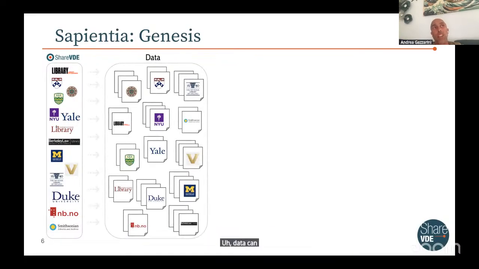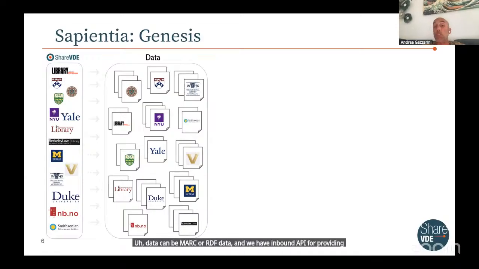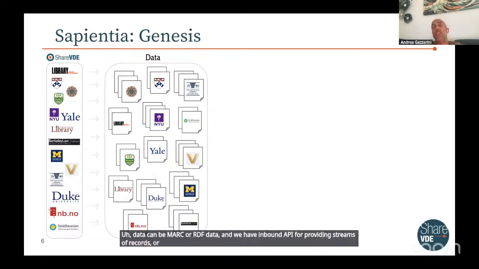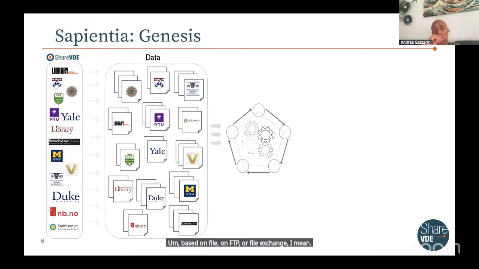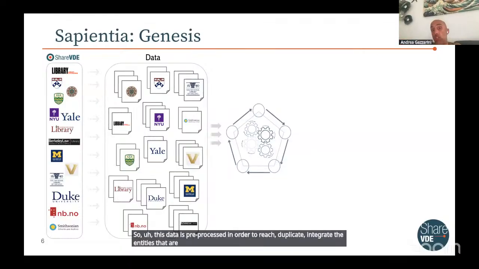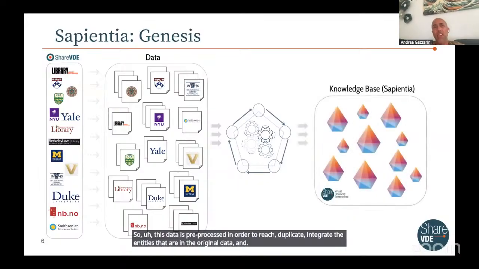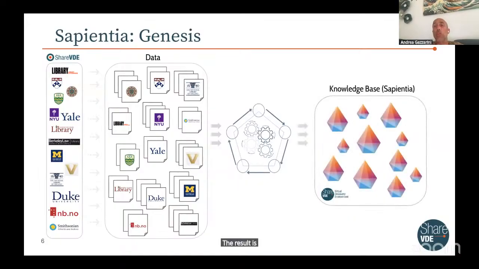Data can be MARC or RDF data, and we have an inbound API for providing streams of records, or an integration based on FTP or file exchange. This data is pre-processed in order to enrich, deduplicate, and integrate the entities that are in the original data, and the result is what we call Sapientia, the ShareVDE knowledge base.